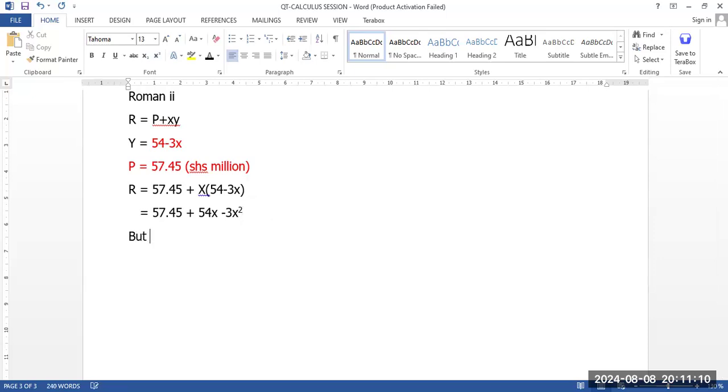But at maximum, x is equal to what? 1.1. So what will be your R? Your R will be 57.45 plus 57 times 1.1 minus 3 into 1.1 squared.